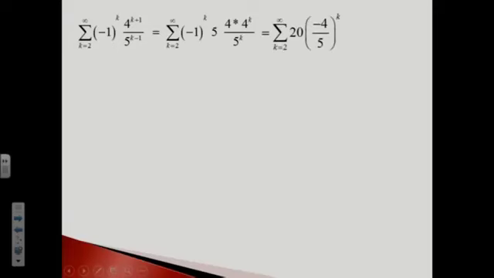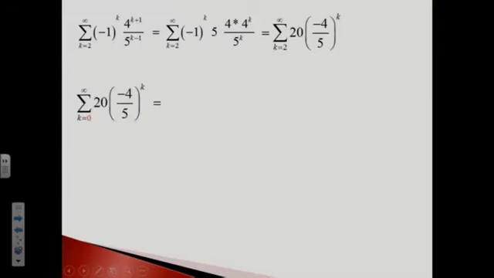We get a geometric series with a equal 20 and r equal minus 4/5. This series from k equal 0 equals 20 plus 20 multiplied by minus 4/5 plus sigma k from 2 to infinity of 20 multiplied by (-4/5)^k.